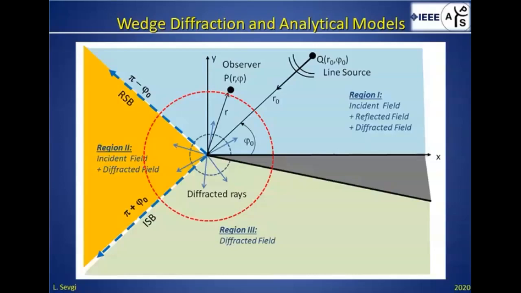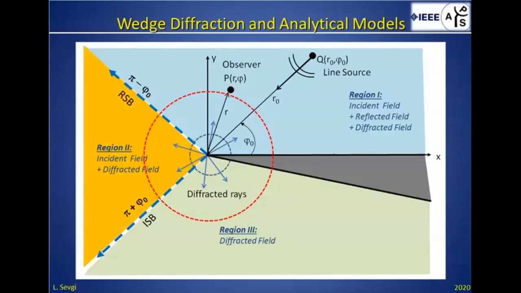And the other one, ISB, the incident shadow boundary, with the angle pi plus phi-naught, divides the region into another two parts, with the incident field and without the incident field. So according to this scenario, we have three regions: region 1, region 2, and region 3.